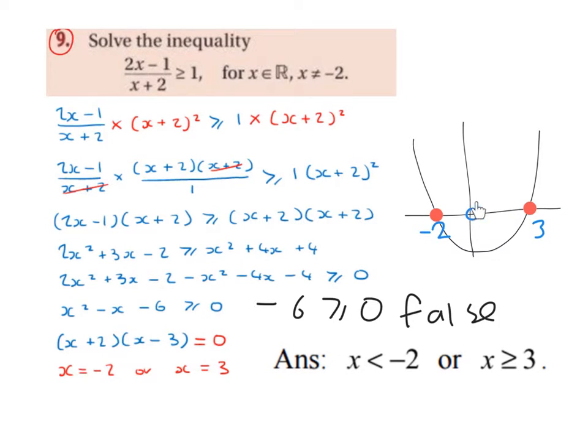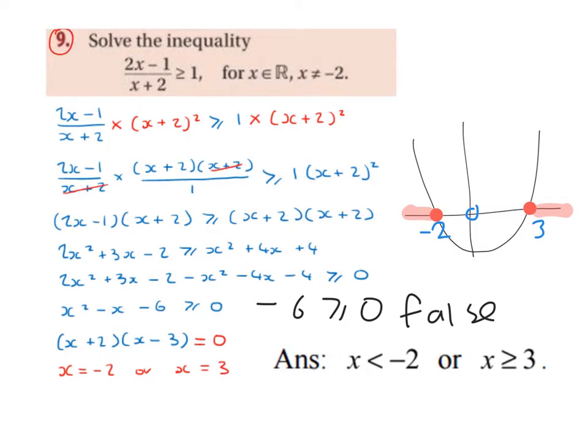So since 0, which was our test value, is inside our roots, and since we substituted 0 into our equation and we got a statement that is false, that means that our solution set is outside of our roots. So it's going to be all the x values to the right of 3 and all the x values to the left of −2.